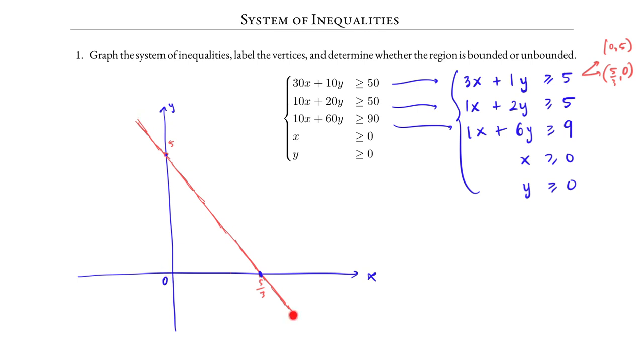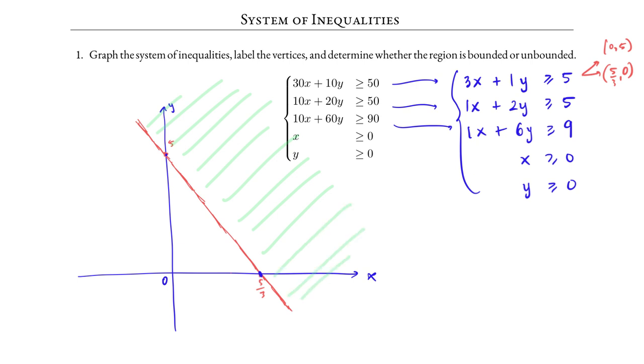Since the origin is not in the solution region, this region is not the solution. Therefore, we would need to shade the upper part. And so this is the solution region for the first inequality only.